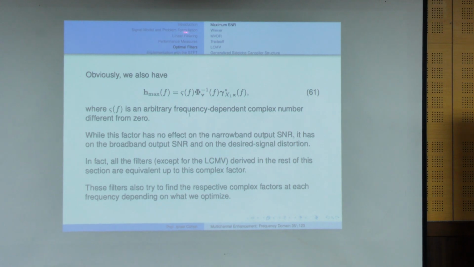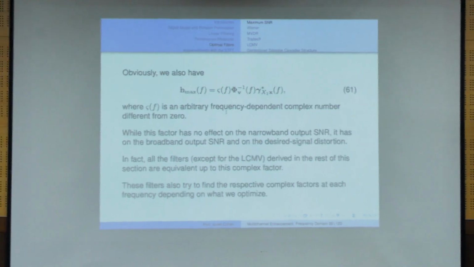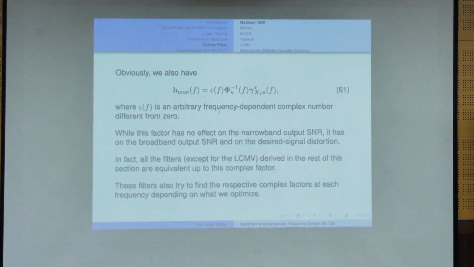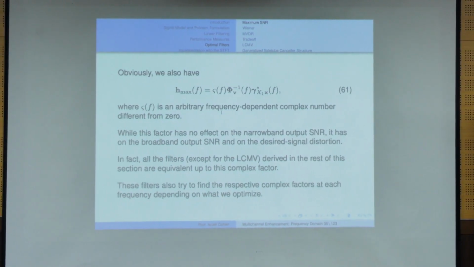Some of them you know, because we discussed them for the single channel, but we will also discuss LCMV and the generalized sidelobe canceller structure, which are very important for multi-channel signal enhancement and also for beamforming in the frequency domain. So this will be new material, so we will discuss this. Except for the LCMV and the generalized sidelobe canceller, all the filters look like that with certain.